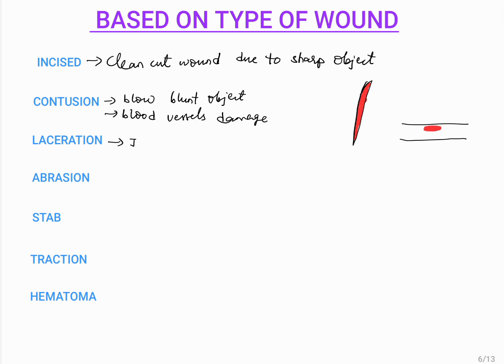Laceration is an irregular tear of the skin which is caused due to blow by a blunt object. The difference between a lacerated wound and an incised wound is that the incised wound has clean cut margins, whereas laceration has irregular margins.